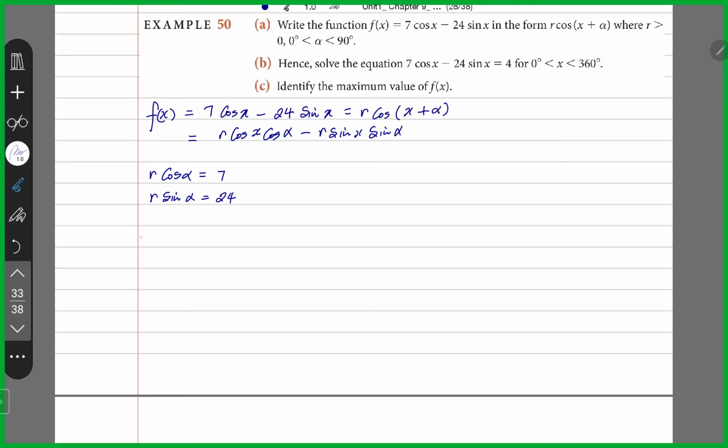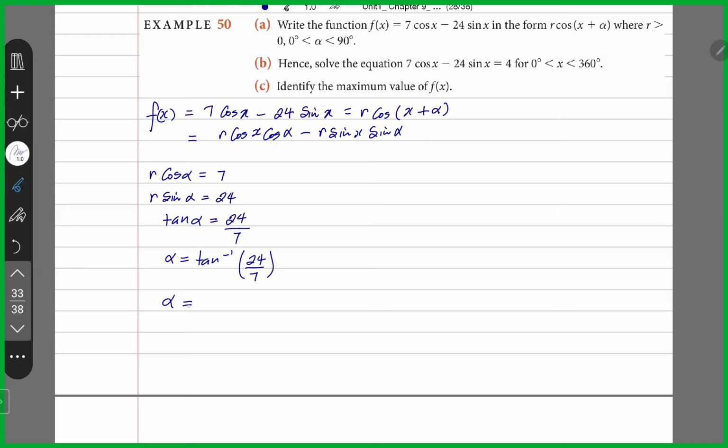Dividing r sin alpha by r cos alpha, we're going to get tan alpha is equal to 24 over 7, and alpha is equal to tan inverse 24 over 7.